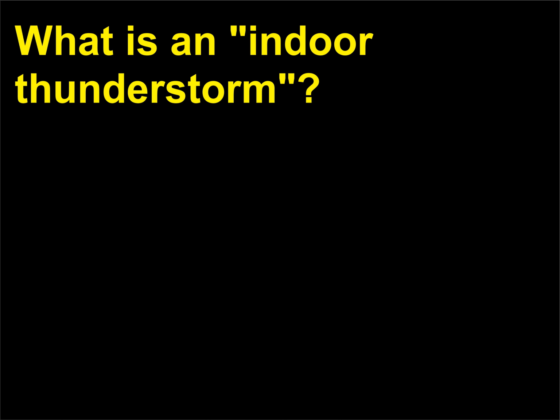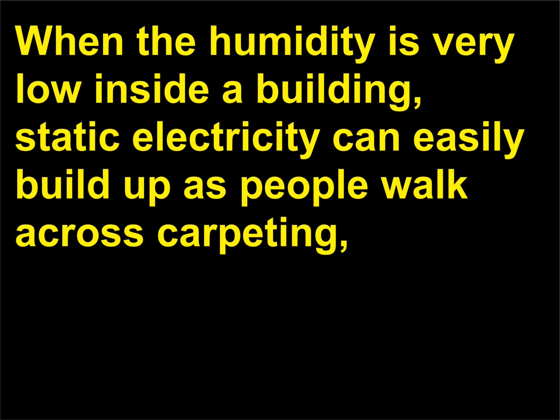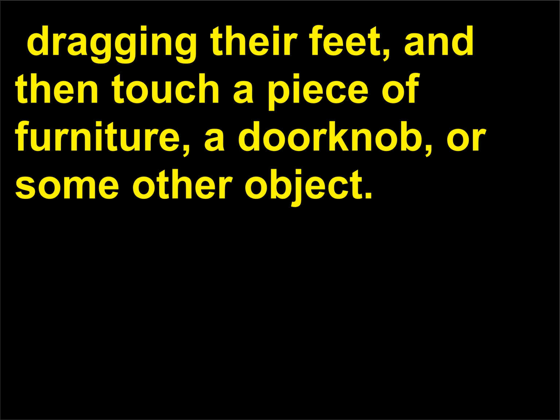What is an indoor thunderstorm? When the humidity is very low inside a building, static electricity can easily build up as people walk across carpeting, dragging their feet, and then touch a piece of furniture, a doorknob, or some other object.